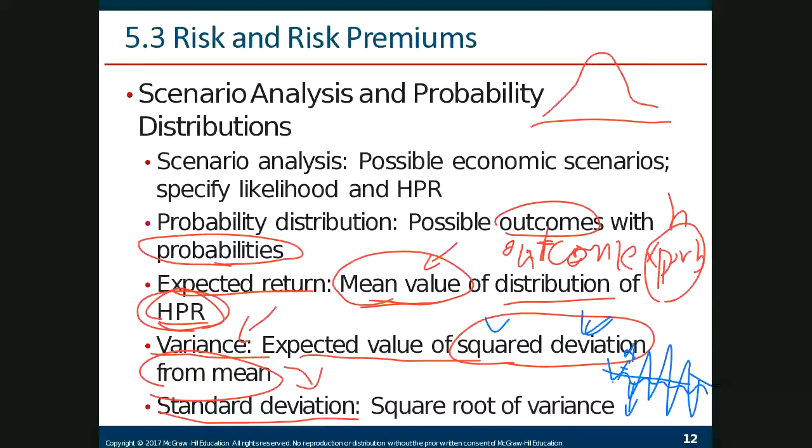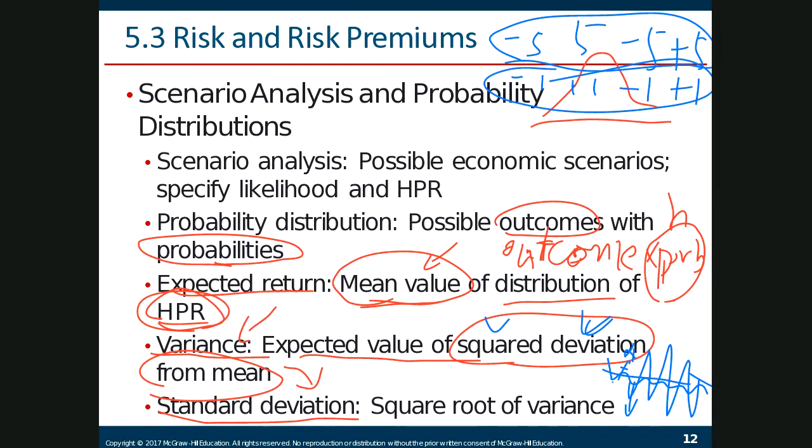So if you have -1, +1, -5, +5, compared to -1, +1, -1, +1, which one is more risky? You don't know if you don't square it. If you don't square it, these are all going to add up to be zero. All these deviations from the mean are going to be zero.